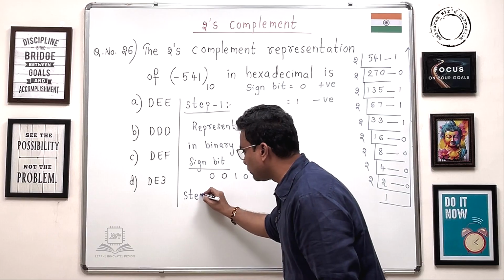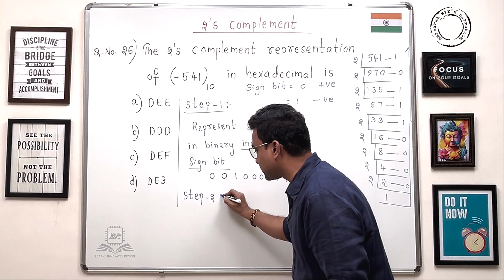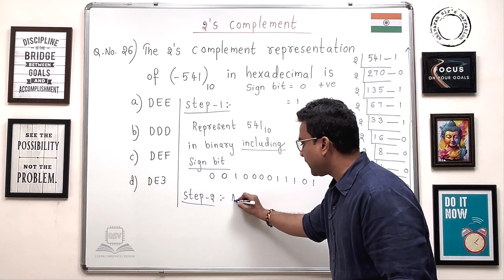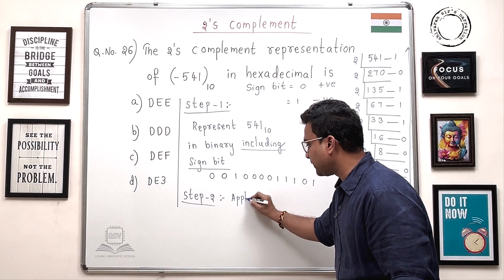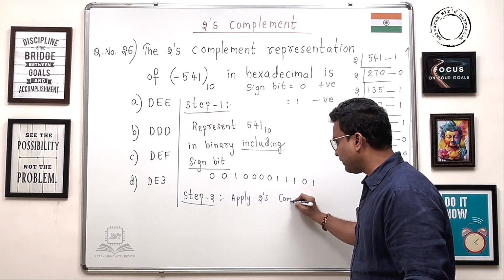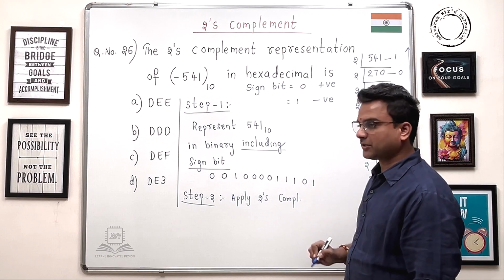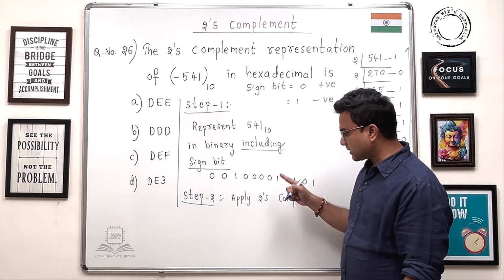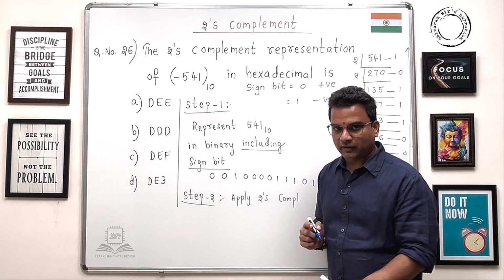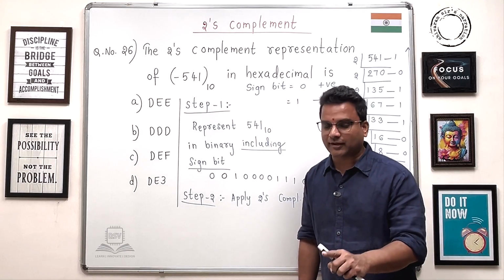Then step 2. What is step 2? Apply 2's complement representation to the result of step 1. You know very well 2's complement representation: you need to find the 1's complement and add 1, and there is a shortcut also.